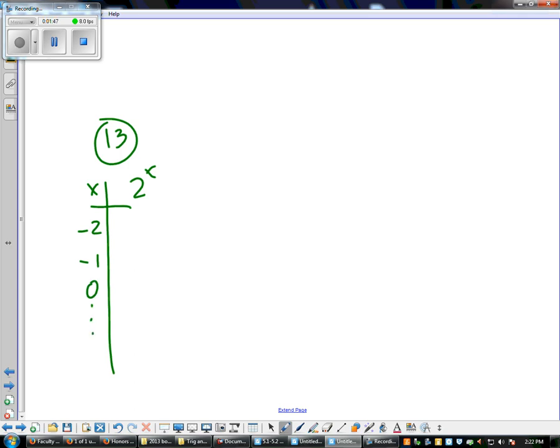And then for the inverse function, remember the original function is y equals 2 to the x. That's an exponential equation. What's the inverse of an exponential equation? Starts with an L. All right, it's a logarithmic equation.